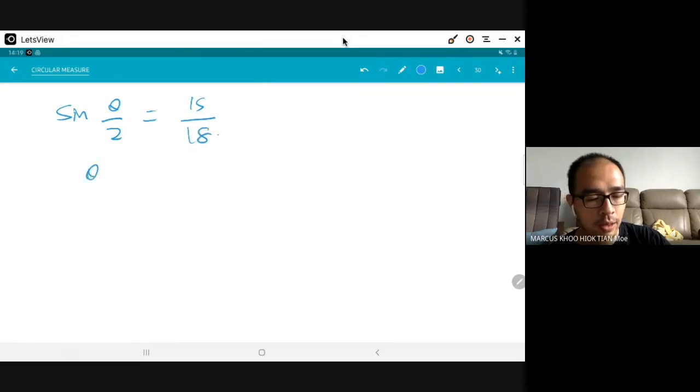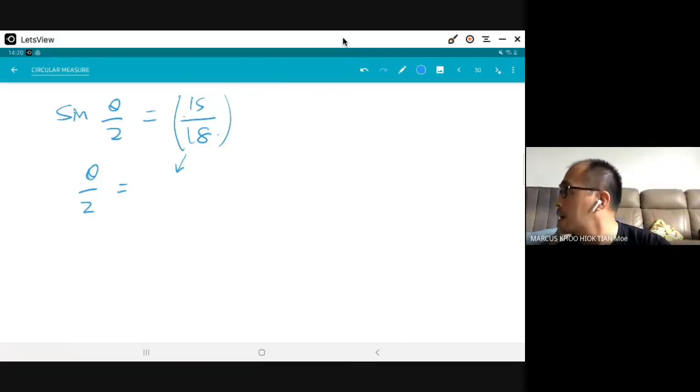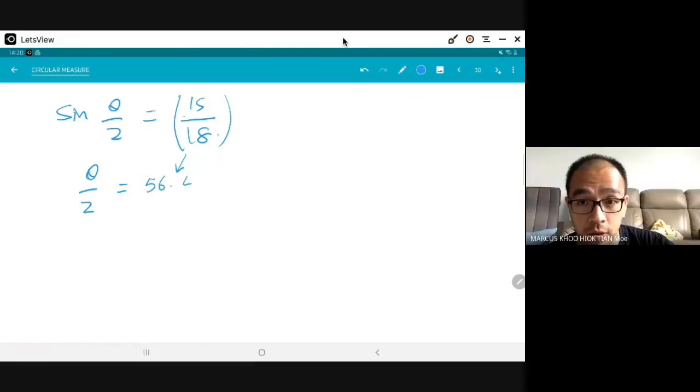So what is theta over 2? You have to shift sine lah. Shift sine the 15 over 18, please. Somebody can tell me? 56.4427.